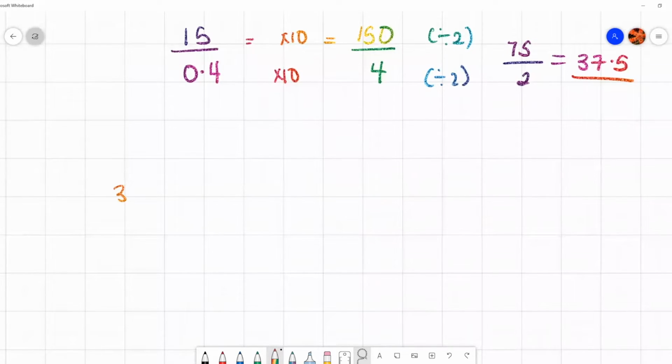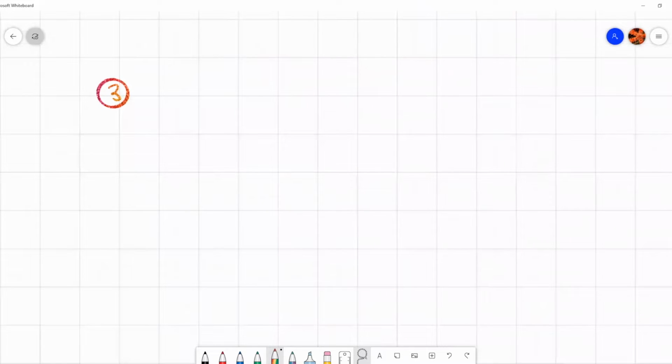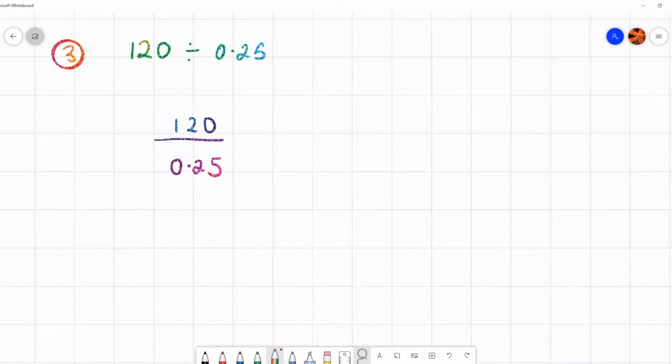What if you had, let's change it, 120 divided by 0.25. Again, write as a fraction. Now, this time I want 0.25 to become so it's not a decimal. So what I have to do is obviously times it by 100, because if I times it by 10, it's just going to be 2.5 and it's still going to be a decimal.